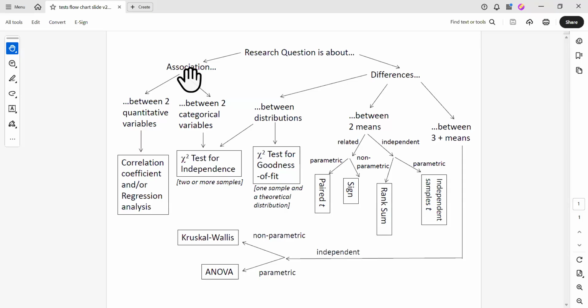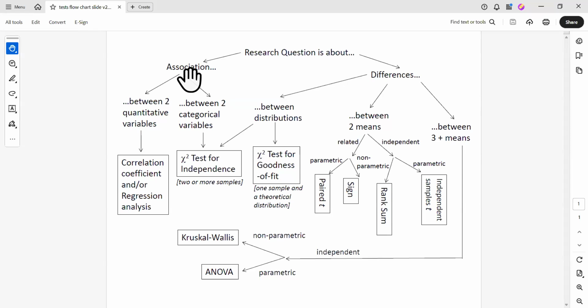If we look one step back up again and we say research question is about differences, but we go to the far right and we're looking for differences between three or more means, and those means are independent from one another, then we also have a choice between a parametric and a non-parametric test. The parametric test is called ANOVA, capital A, capital N, capital O, capital V, capital A, which is an acronym for analysis of variance.